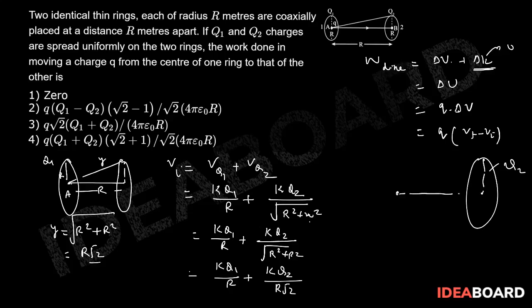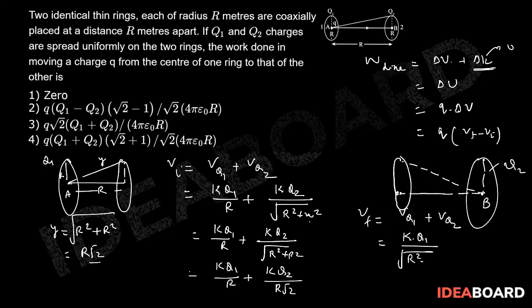Now the charge is at this point B. V final will be V due to Q1 plus V due to Q2, but this time, because of this ring, Q1 gives K into Q1 divided by the square root of R square plus R square, and due to Q2, K Q2 divided by R. This is the final value. So finally we get K Q1 upon R root 2 plus K Q2 divided by R.